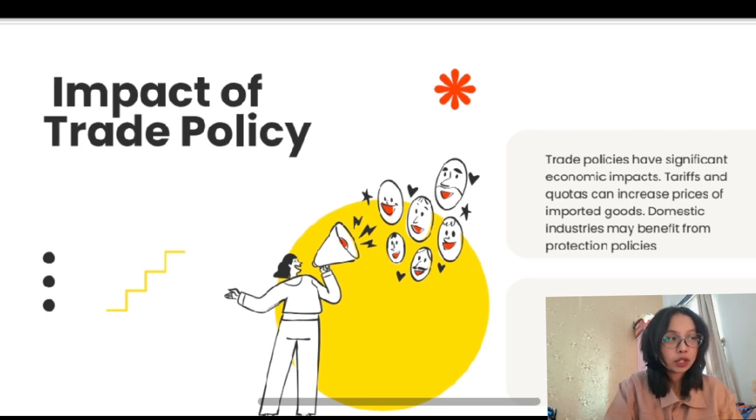By balancing protection and free trade, governments can enhance competitiveness and maintain economic stability. Effective trade policies help countries succeed in the global economy and support sustainable development.